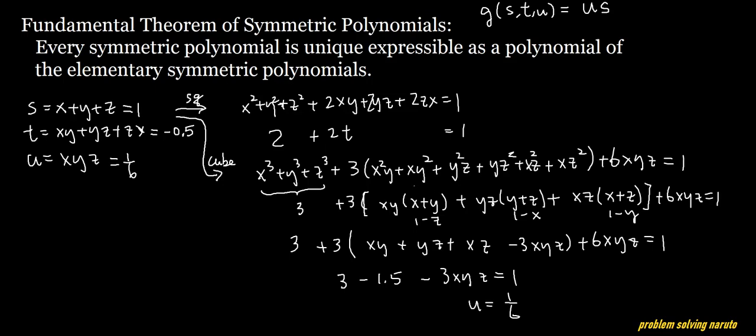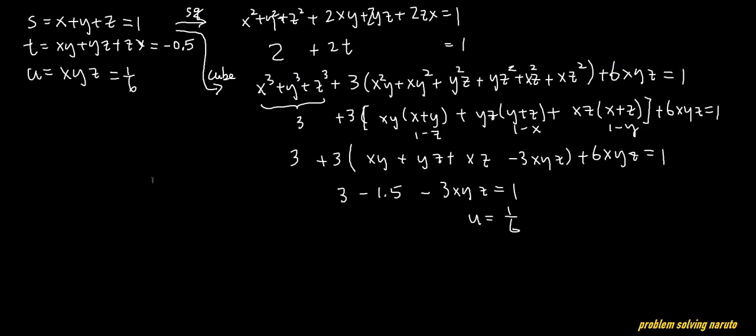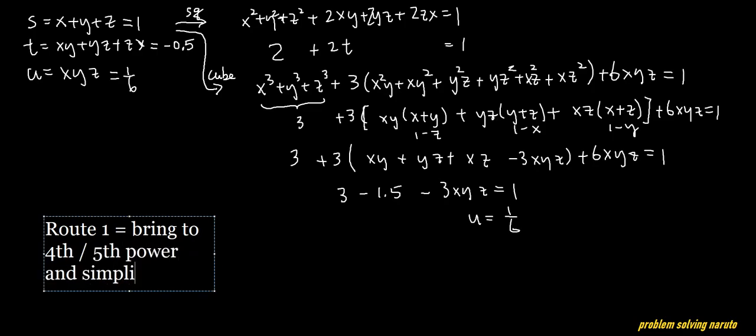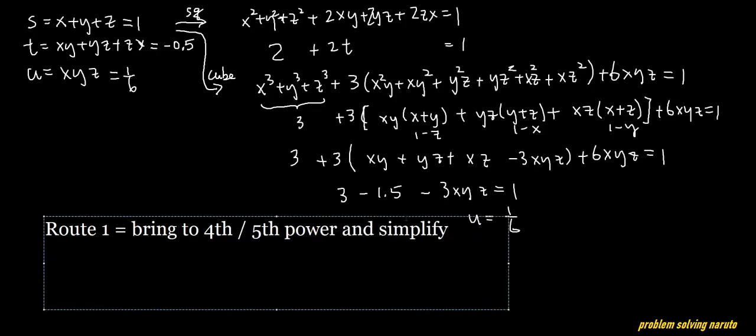So one way is just following this route, bring to the 4th or 5th power on both sides and then simplify. That is one of the possible things you can do.